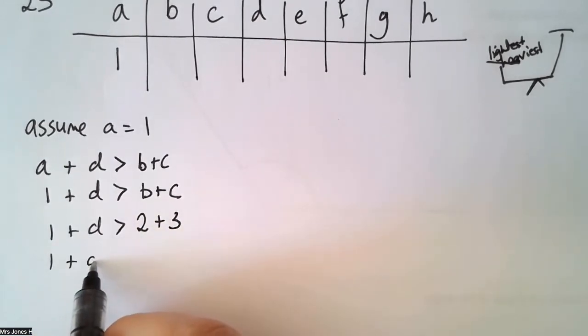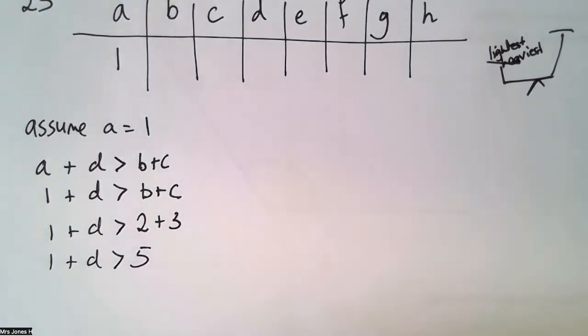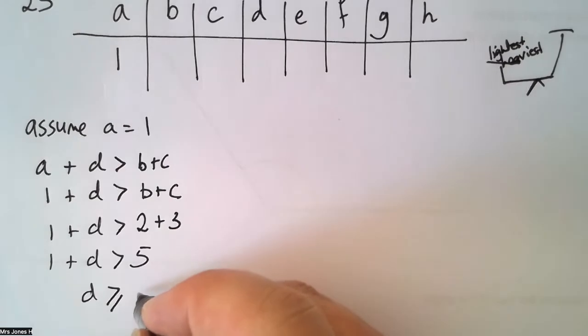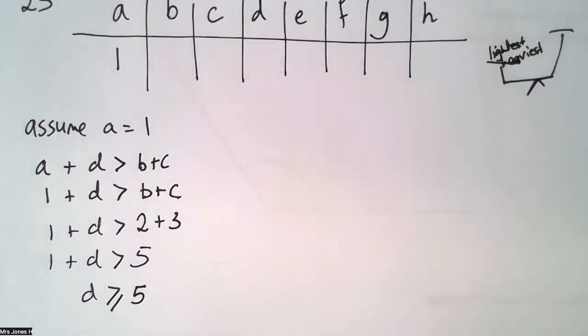So 1 plus D is greater than 5. Now, because it's greater than and not greater than or equal to, D cannot be 4, so it has to be either 5 or greater than 5. This says D has to be greater than 5, but subtract 1, so D actually has to be greater than or equal to 5.